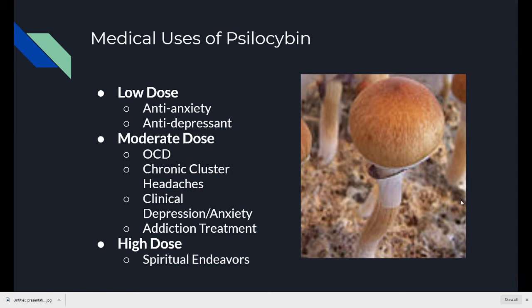What we're finding is that low doses of psilocybin help anxiety and depression, while moderate doses are starting to help clinical depression and anxiety disorders and addictions and even cluster headaches and severe OCD. Now, the really high doses, like I talked about the 10-gram doses and things like that, they're still being explored because this looks like mostly spiritual endeavors, but also very important when you start to talk about mind spirit research.